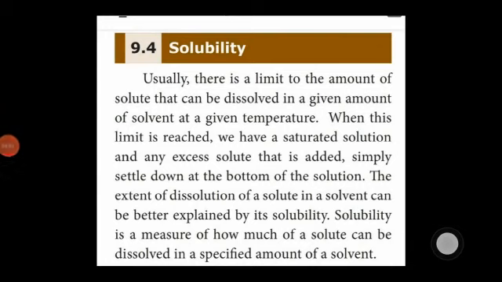The limited amount of solute particles that dissolve in a definite amount of solvent at a given temperature is called solubility. When solubility is reached, we get a saturated solution. At this stage, if you add excess solute particles to a saturated solution, the excess solute particles are not dissolved and simply settle at the bottom of the solution.